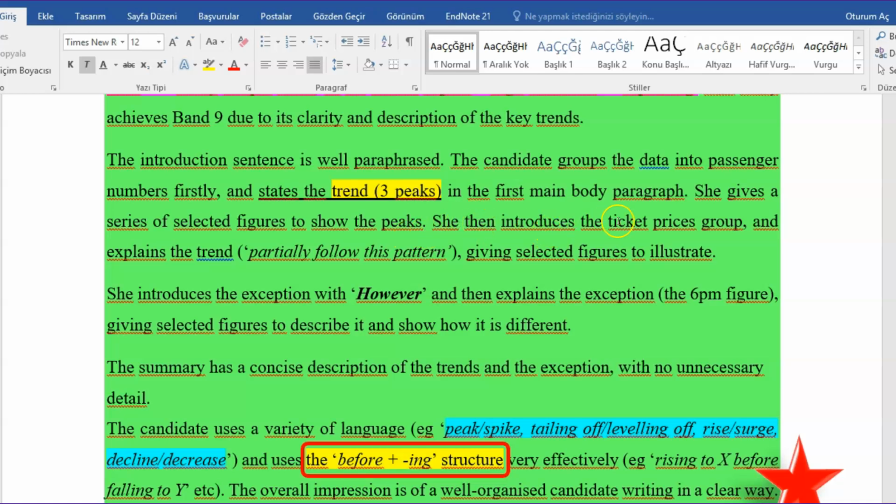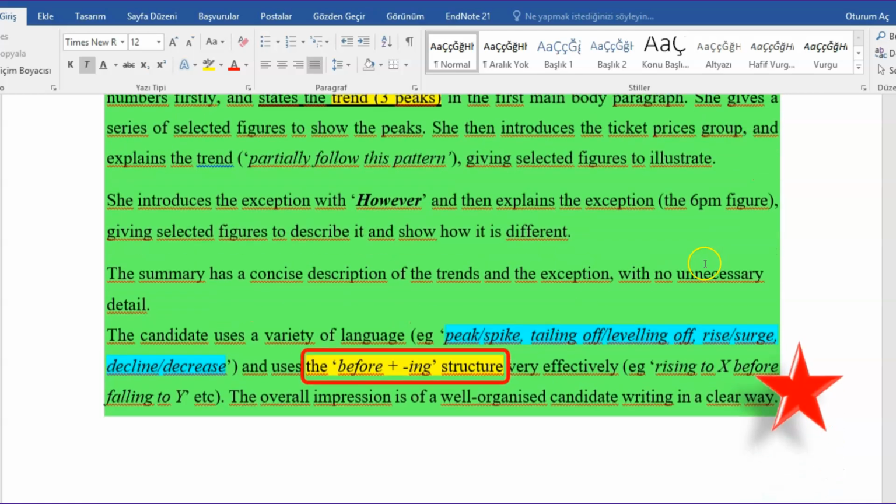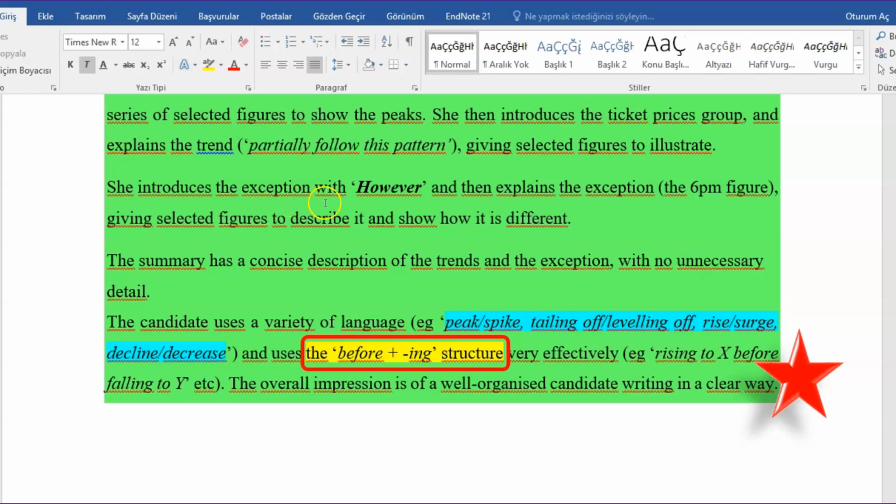She then introduces the ticket prices group and explains the trend, giving selected figures to illustrate. Then she introduces the exception with "however" and explains it, the 6 p.m. figure, showing how it is different from the others. The summary has a concise, very clear description of the trends and the exception with no unnecessary detail.